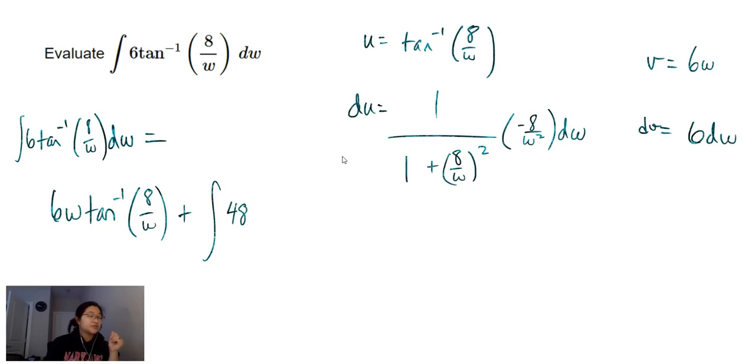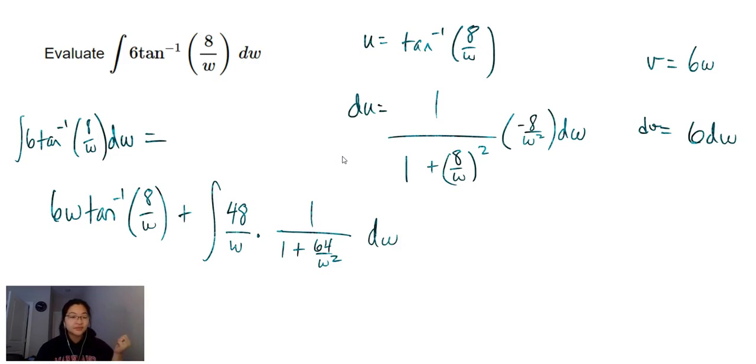W over w squared is just going to give us a w in the denominator, times 1 over 1 plus, what's that, 64 over w squared dw. Okay.